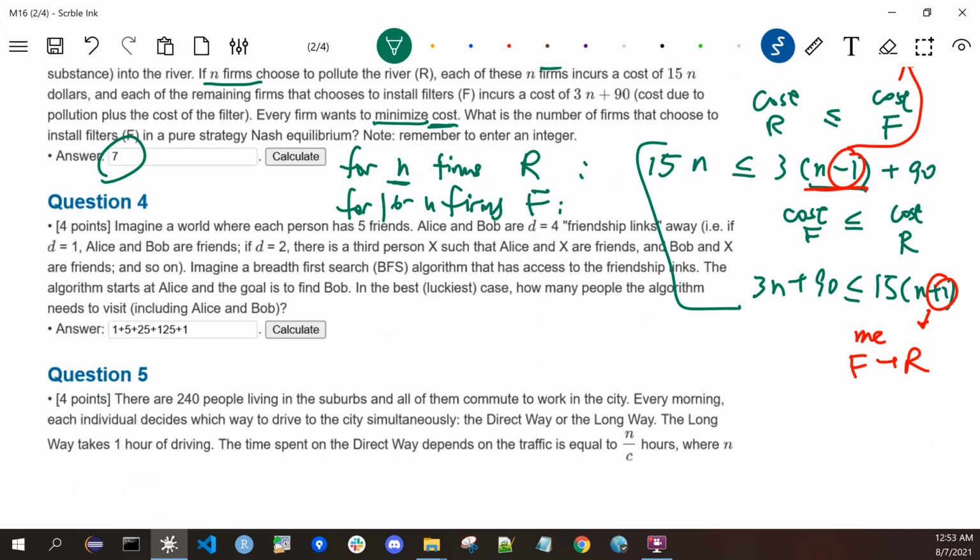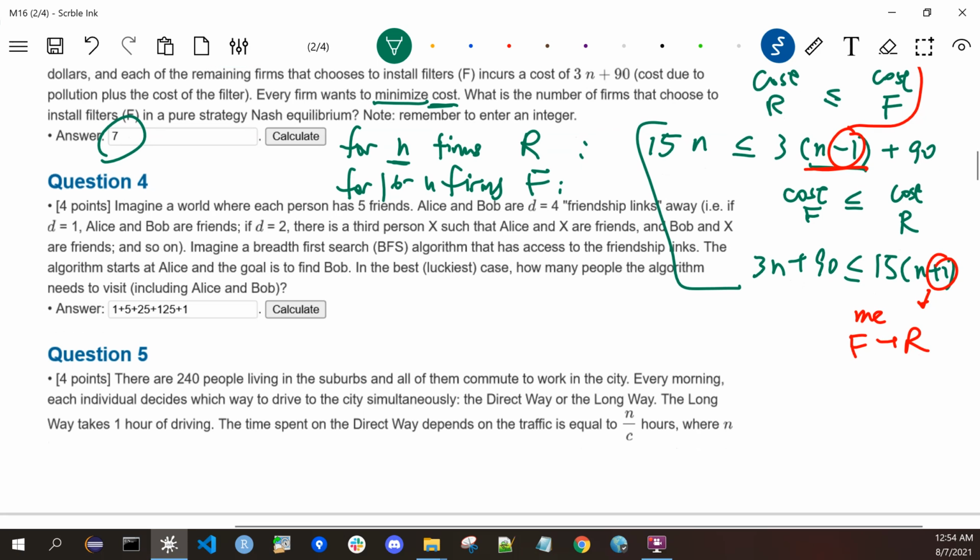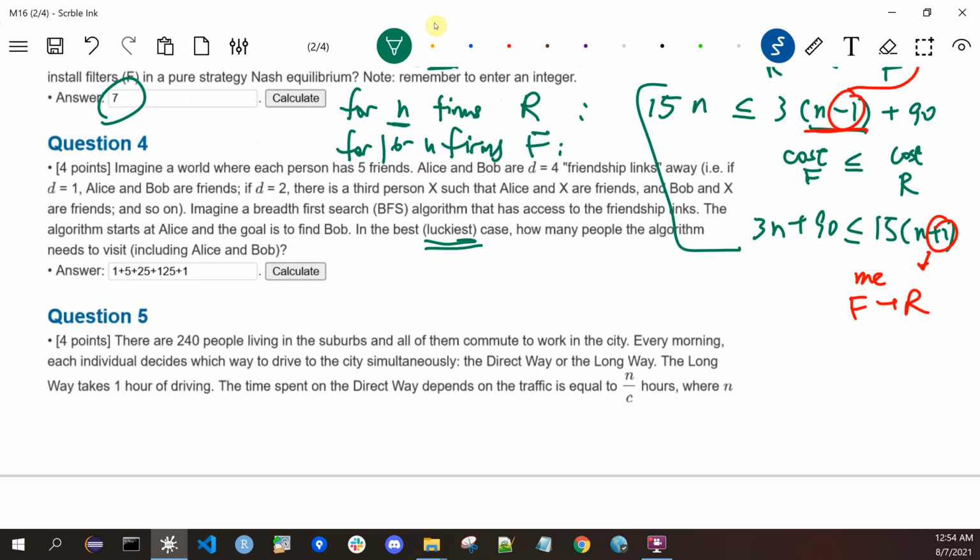Okay, so the next question is a friendship link question, and it's still asking about the luckiest case. So let's draw the diagram. So person A has 5 friends, and each one of the friends has 5 friends.